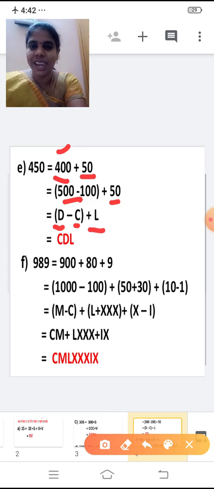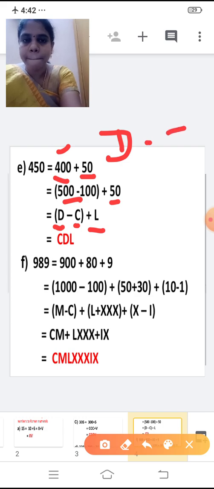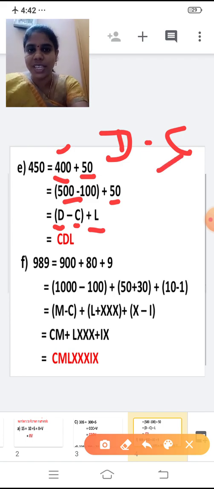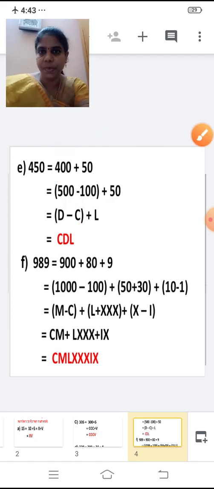Yes, L. Now, what is D minus C? When a smaller symbol is placed before the larger one, you will subtract, right? So, the smaller one is C. So, the value is CD and L. Add all together. CDL is the answer. CDL. I'm repeating it one more time.